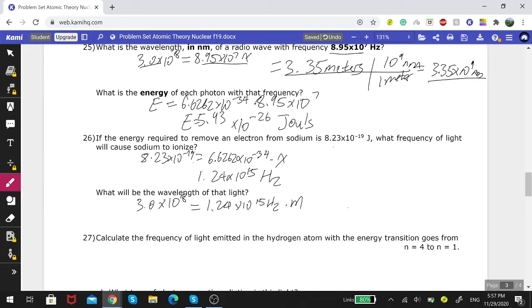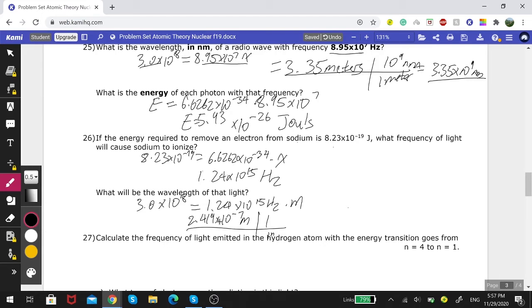That gives us 2.419 times 10 to the negative 7th meters. 1 meter contains 10 to the 9th nanometers, so times e to the 9th gives us 241, which rounds up to 242 nanometers.